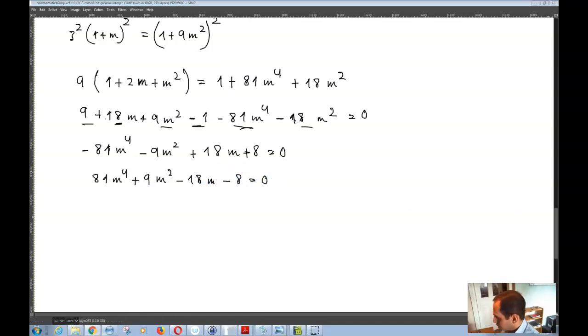So I'm going to write y is equal to 81x raised to the power 4 plus 9x raised to the power 2 minus 18x minus 8.